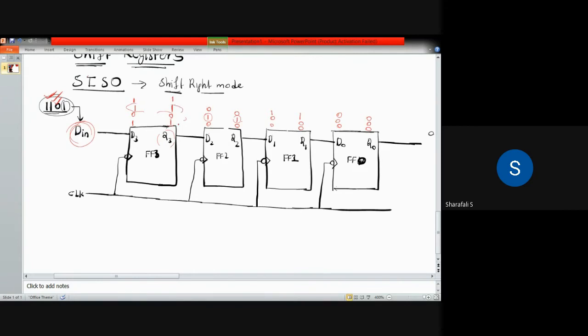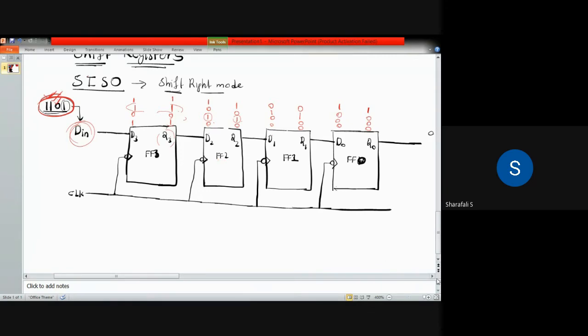The Q3 value will be shifted to the next one, so this will become 1, 1, and this one will become 0, 0. Now all your input binary values are fetched into the register.